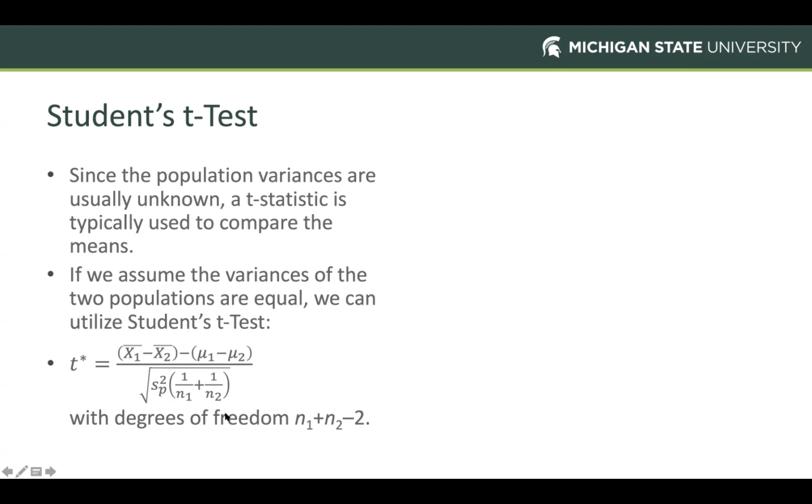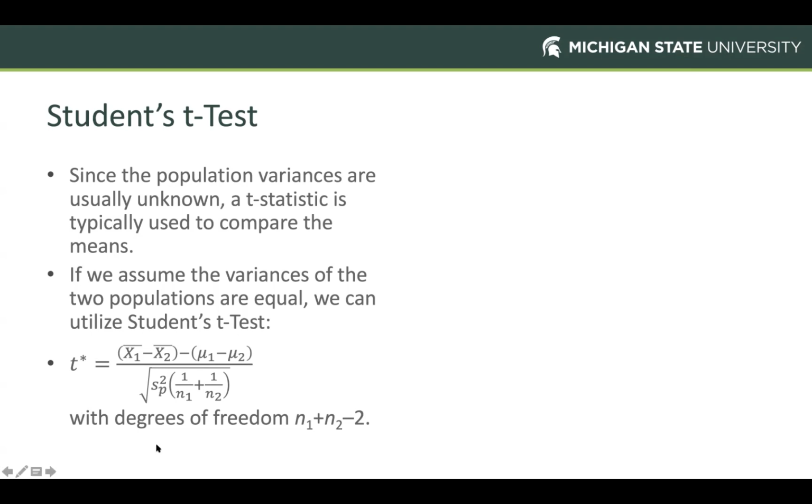And then the denominator looks very similar, except rather than having s1 squared over n1 and s2 squared over n2, we have sp squared, where the p stands for pooled. So this is our pooled variance, and that basically is just telling us that's an average variance across those two samples.